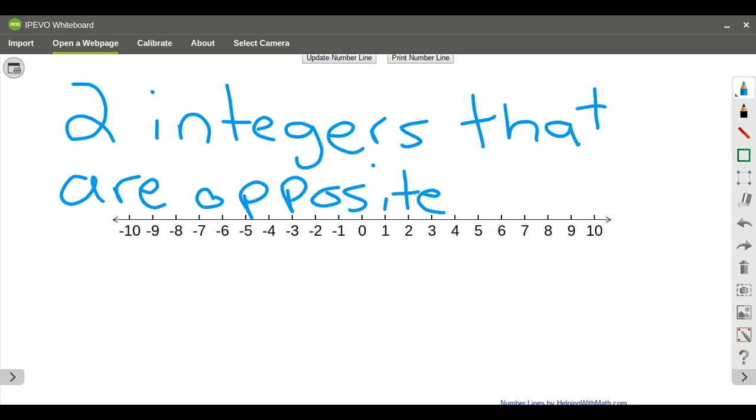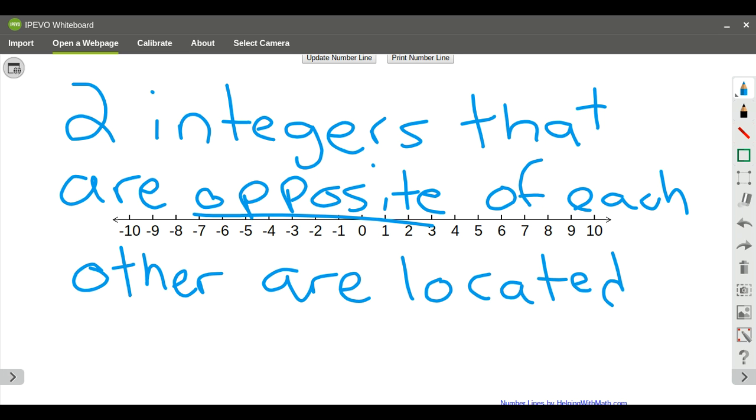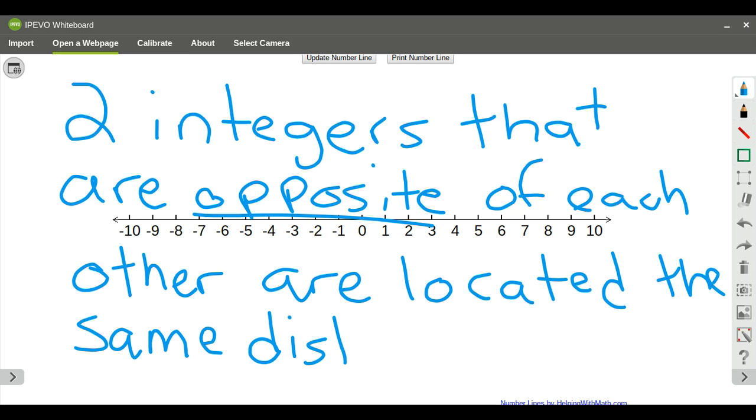Oh, I totally just spelled opposite wrong. I'm just going to underline it and move on.